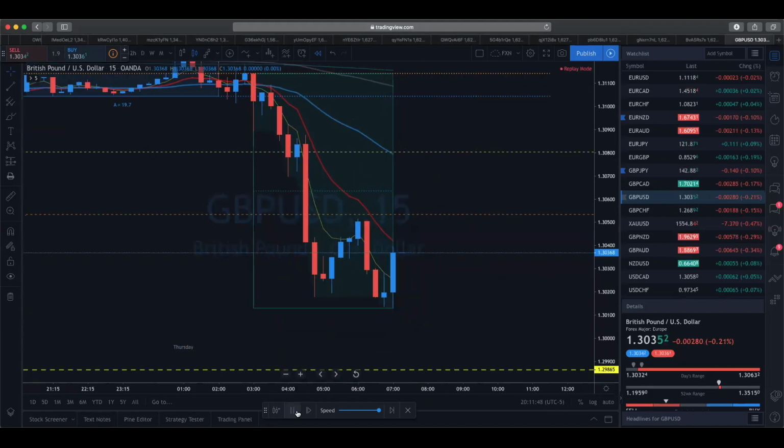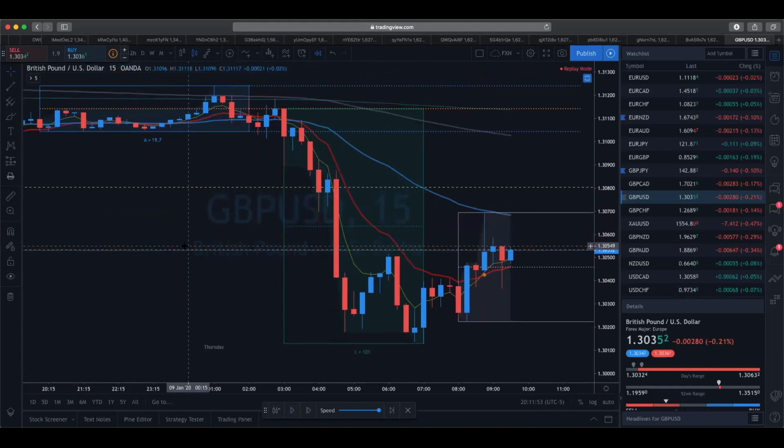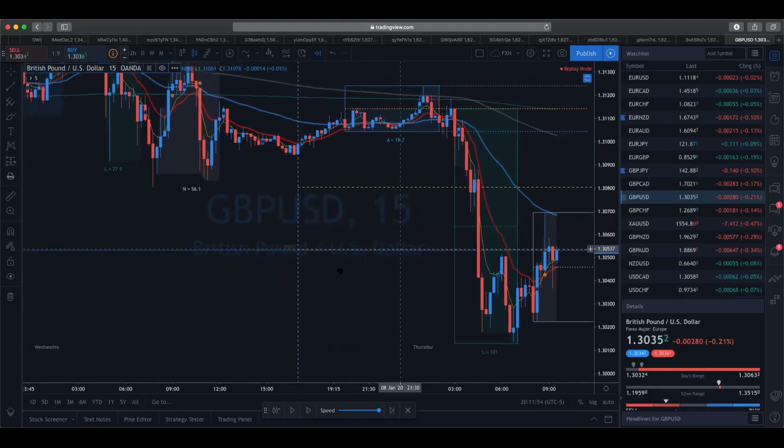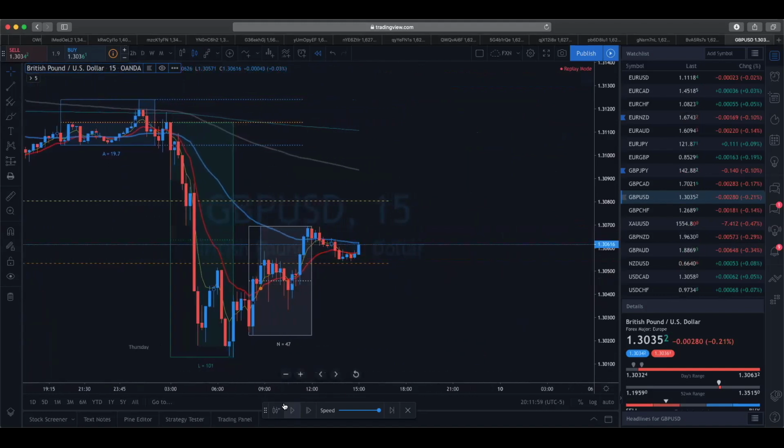So this is what, 101 pip London session on pound USD. So you don't expect much of a movement to happen during the US session.